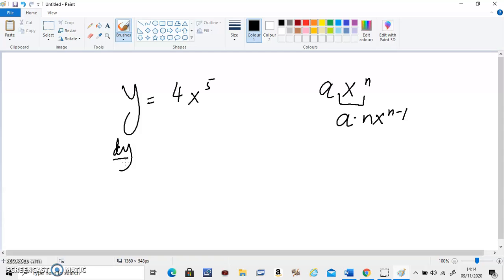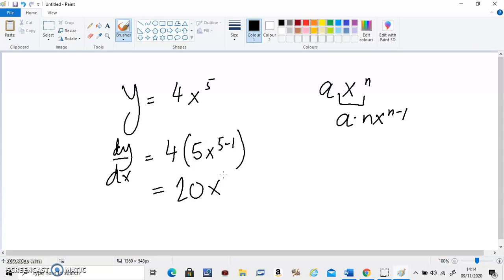So dy by dx over here should become 4 times 5 x to the power 5 minus 1, which makes it 20x to the power 4. So remember, in general, if you have a constant before the formula, keep the constant as it is and apply the formula.